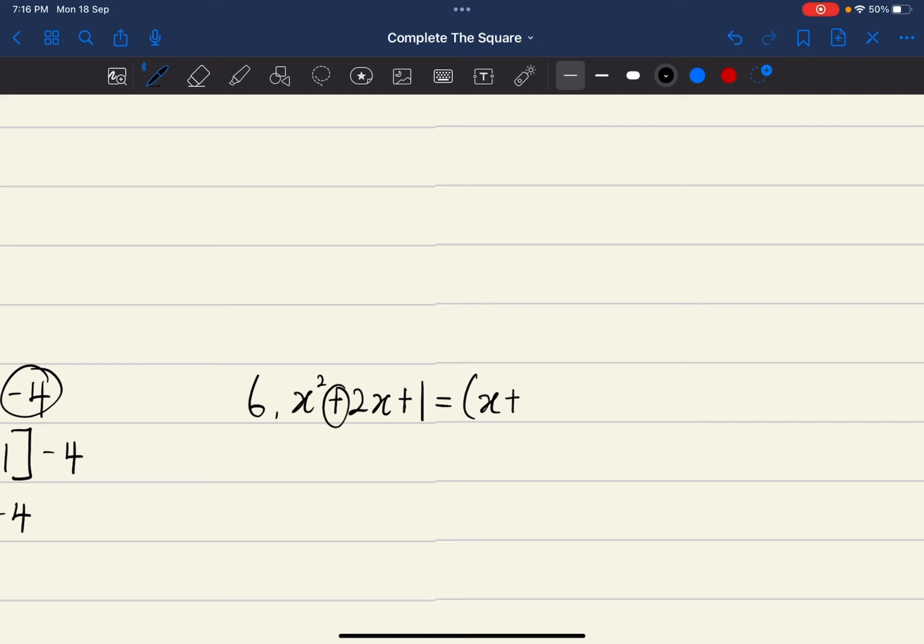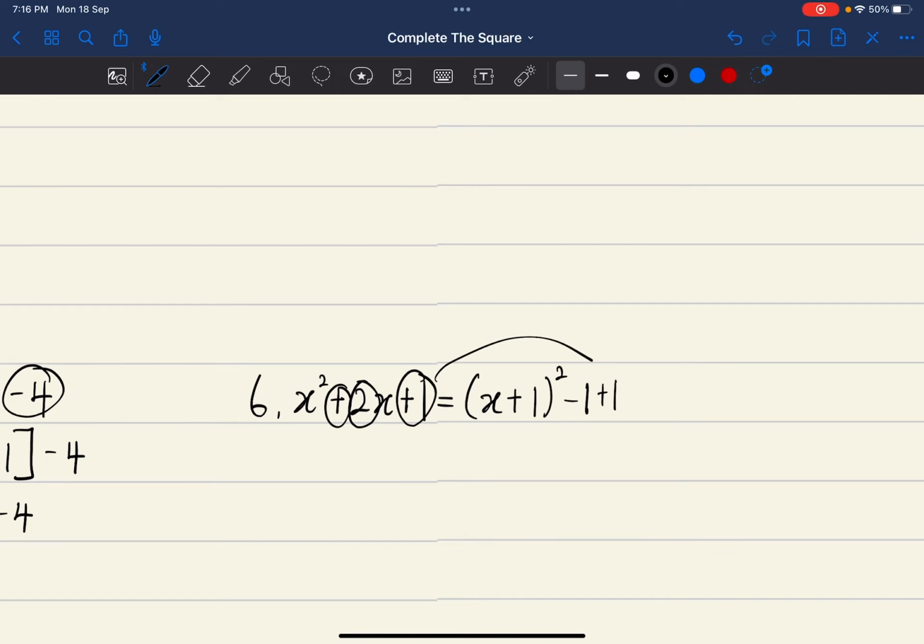Positive, right? Then the term here is 2. So we divide 2 by 2, which is 1. Squared, what's 1 squared multiplied by negative 1? Well, negative 1. And then we write plus 1. This term is this, plus 1. So that would be x plus 1 squared.